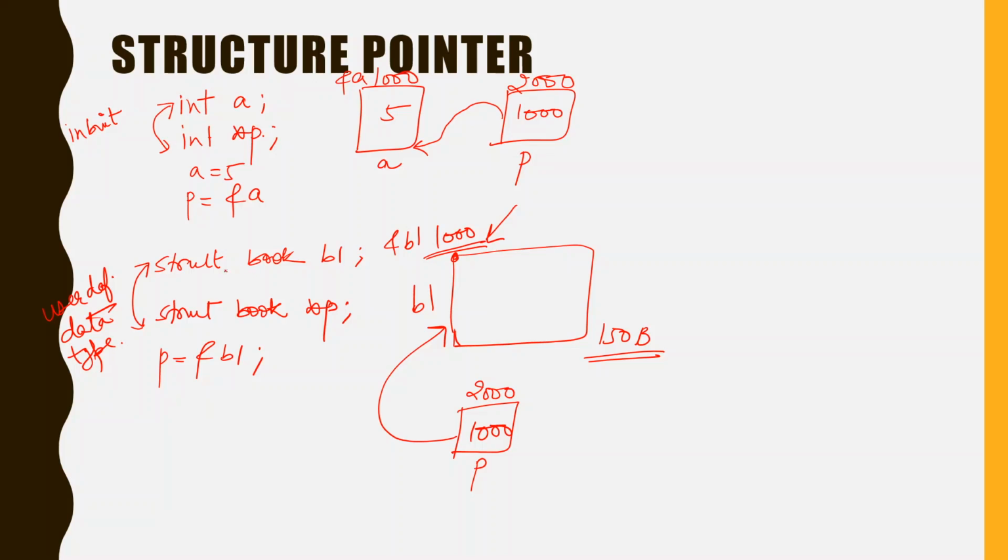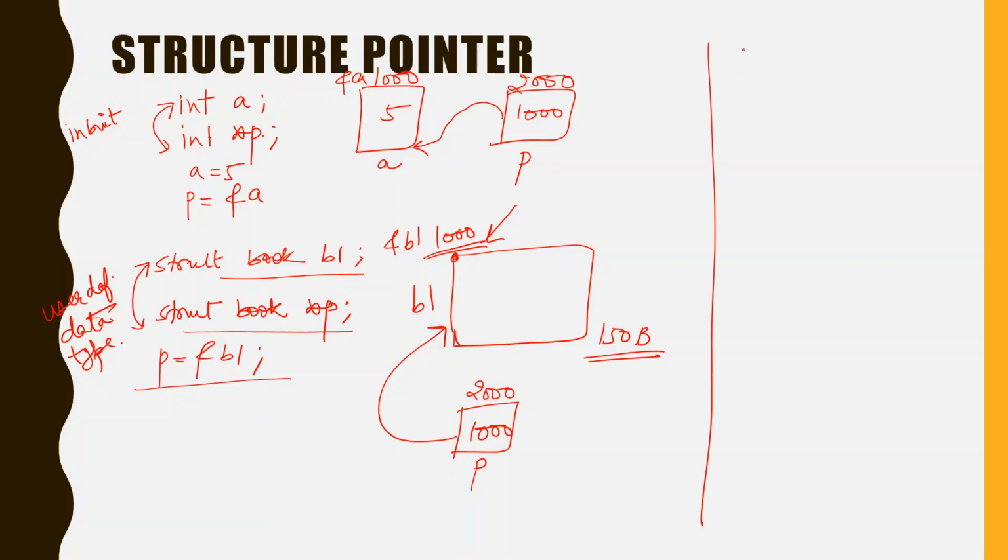So we have a simple structure variable, then we have a pointer variable, and this pointer variable will be assigned the base address of the structure variable. Now how to access the member elements.